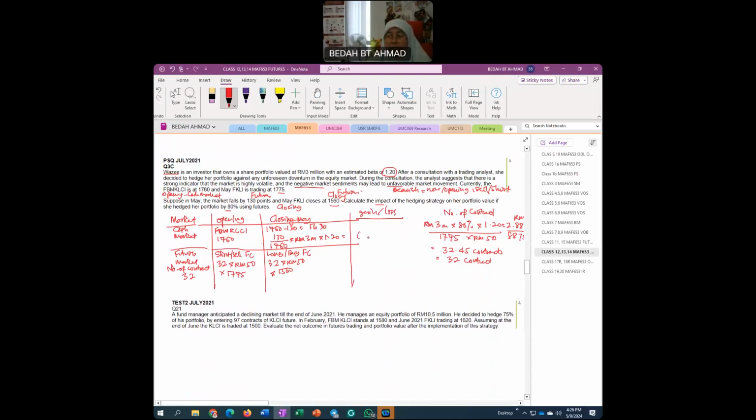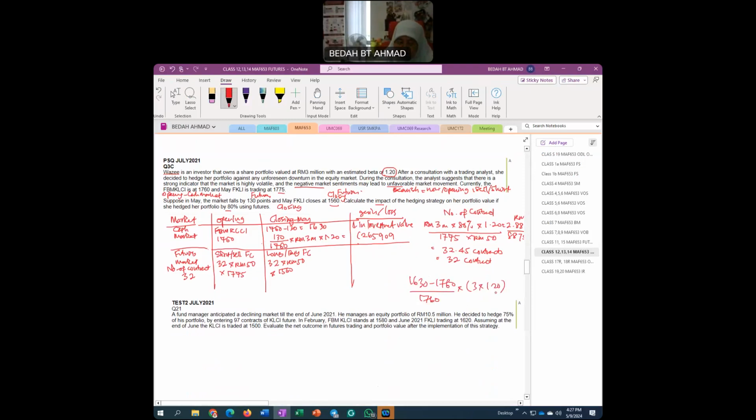So here is a reduction, because the index goes from 1760 to 1630. So it is a reduction in investment value of 265,909. So what I said about the difference, you can also do it this way: 1630 less 1760, divided by 1760, multiplied by 3 million times 1.2.